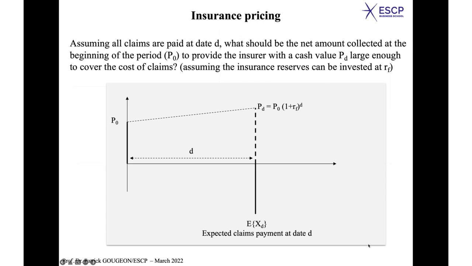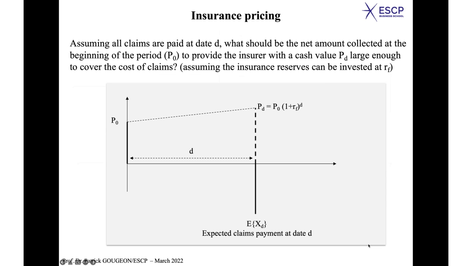So you see, if you collect P0, P0 will be invested at the risk-free rate, so that at date D, you will have an amount equal to PD, which is P0 times (1 plus RF) to the power D, where D is the holding period of the funds. Okay, and you will calculate P0 to make sure that PD will be large enough to cover the cost of claims.